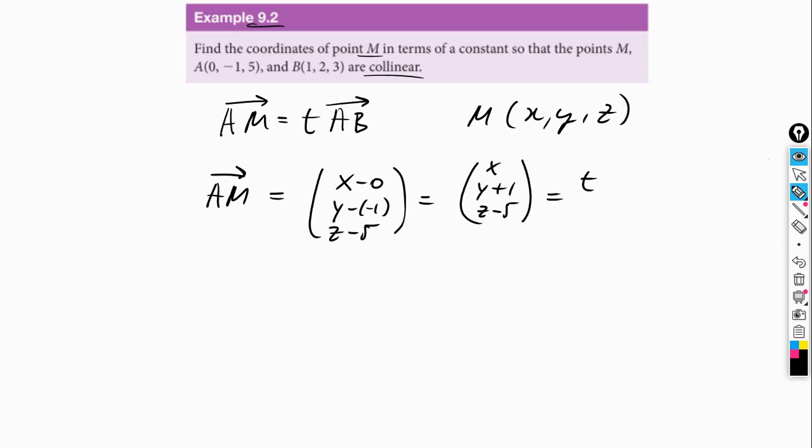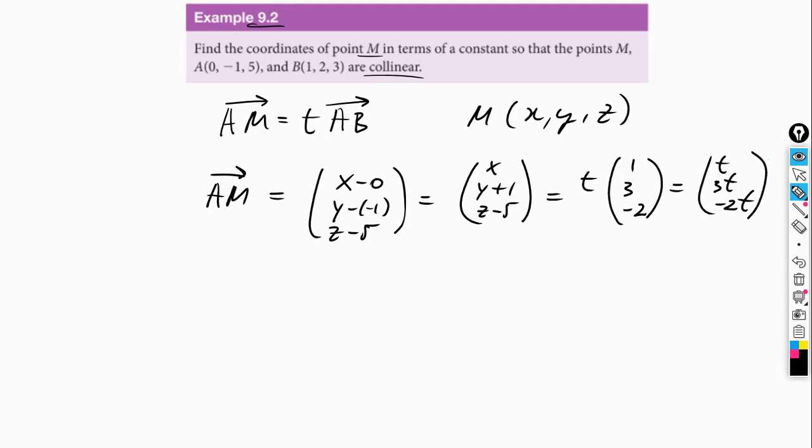And vector AB is going to be 1 minus 0, so that's 1; 2 minus minus 1, that's going to be 3; and 3 minus 5, which is going to be negative 2. And if we distribute the t, this is going to be (t, 3t, -2t).